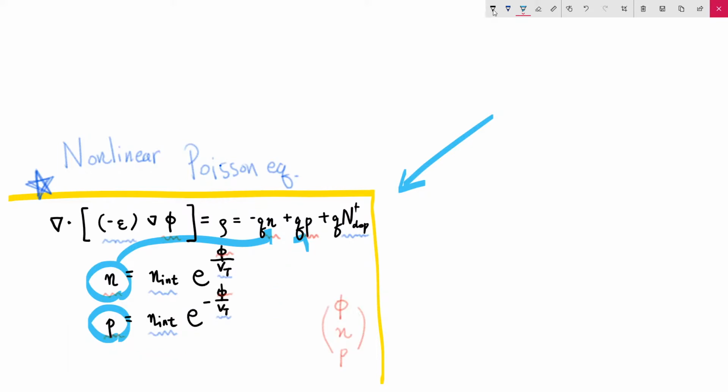Then you will have more equations, although two of them are just trivial. But anyway, please keep these three unknown variables. It is because once we have built such a three unknown variable system, it is easy to switch it to the real drift diffusion model, which can be used for our purpose.